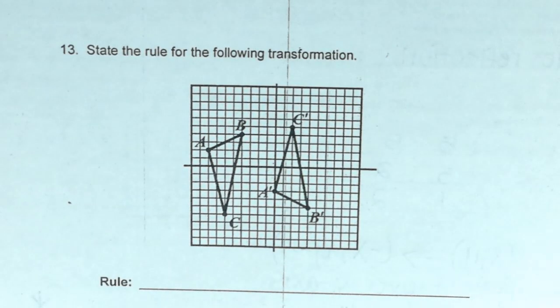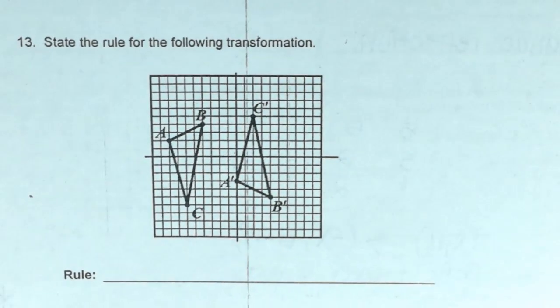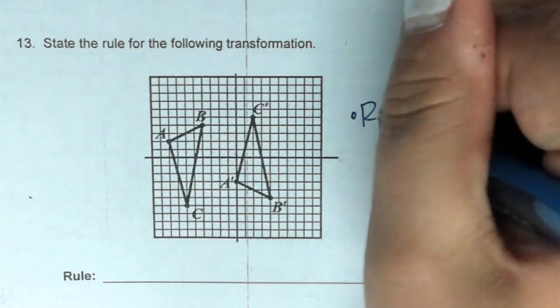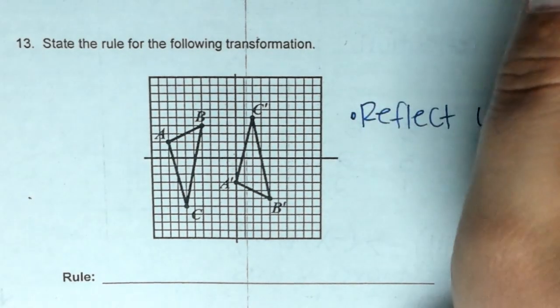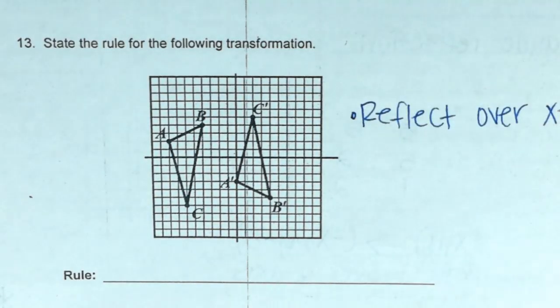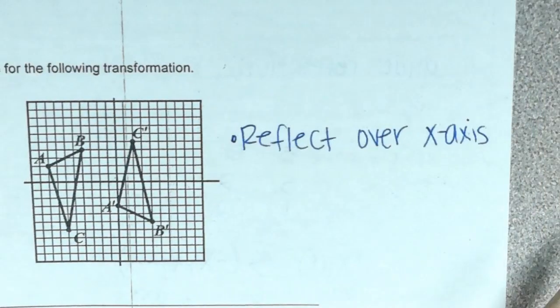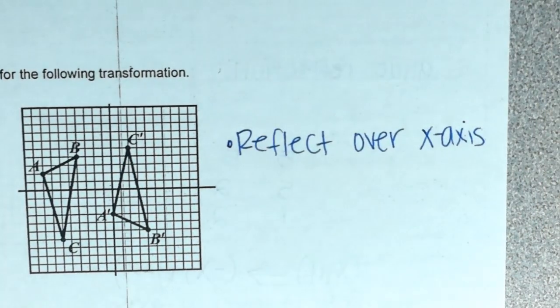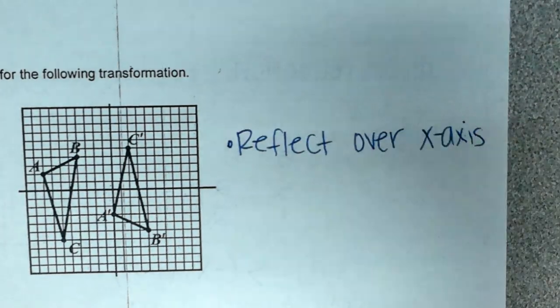Looking at this one, it says state the rule for the following transformation. I have ABC turning into A prime, B prime, and C prime. What do you think we should do first? I would reflect over the x-axis, and I'm going to physically do that with each point by counting.